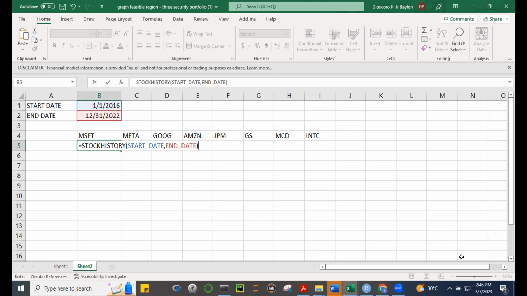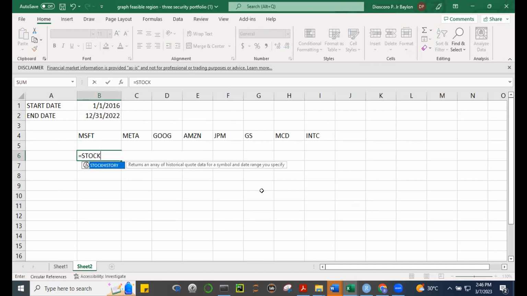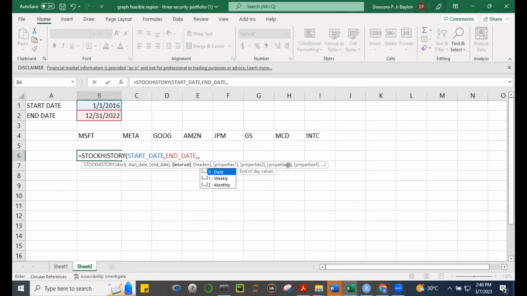And then if you press Control Enter, it shows a value error. Why? Let's repeat. Let's write the formula here. Stock history, start date, end date, default daily, close.